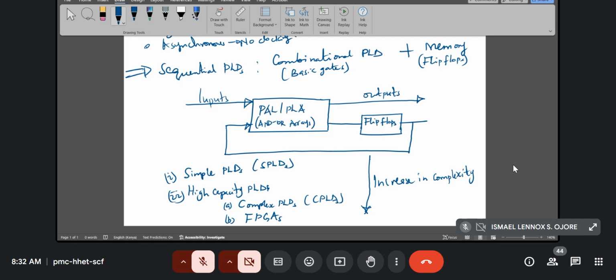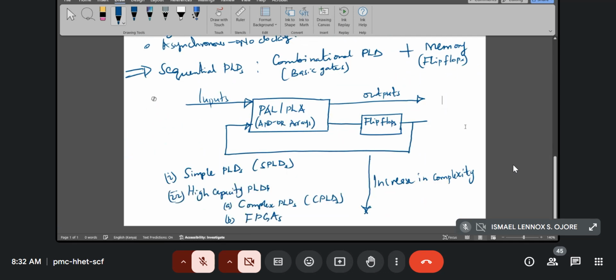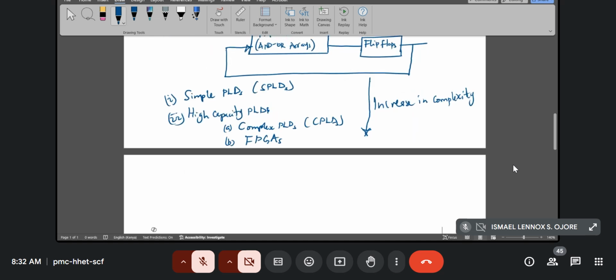So the FPGAs are at a more complex level, and of course that complexity also makes them highly utilized in different fields, and for us that is what we'll be looking at. So amongst the other devices within sequential PLDs, we'll only concentrate on the field programmable gate arrays. So that is what we'll be covering, FPGAs.